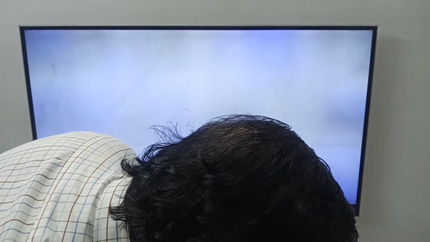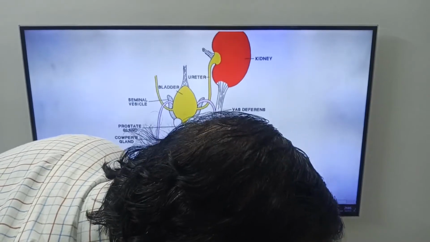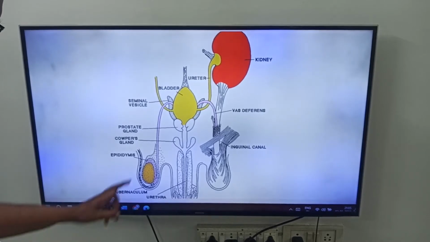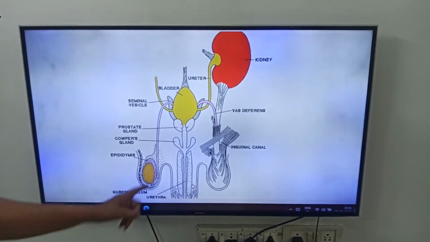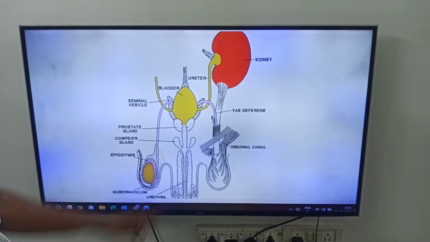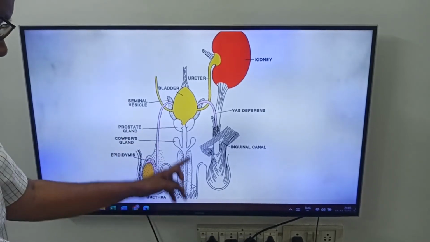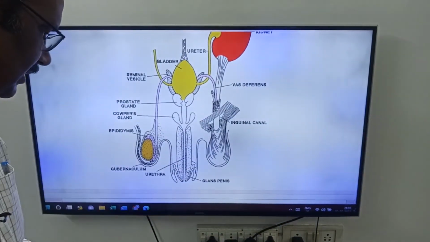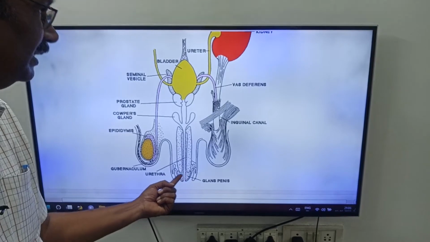Okay, friends. Now you see this structure. This is testis, gubernaculum, epididymis. This is vas deferens, urinary bladder. Urethra. See, friends, glans penis.